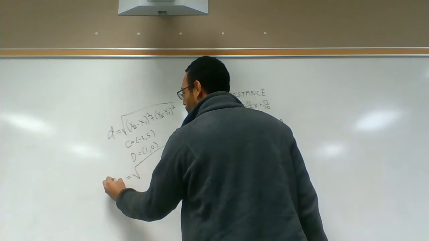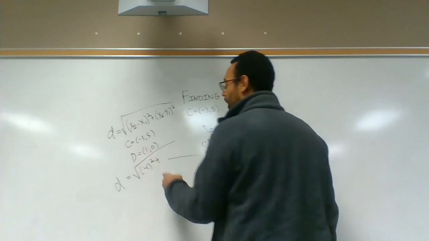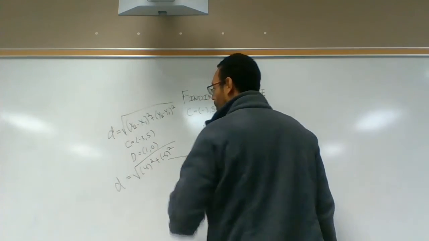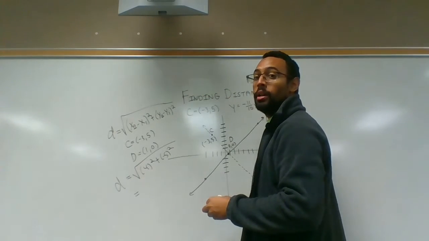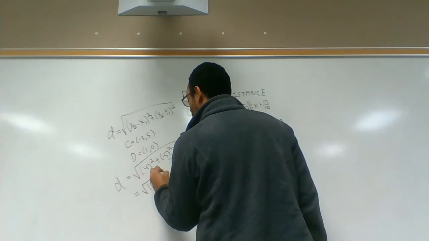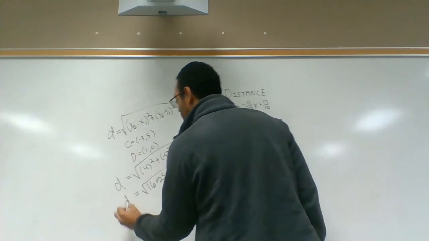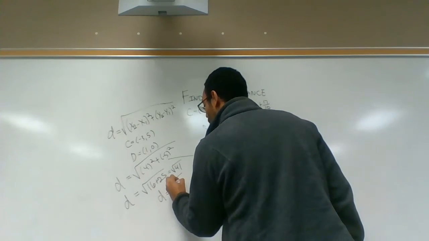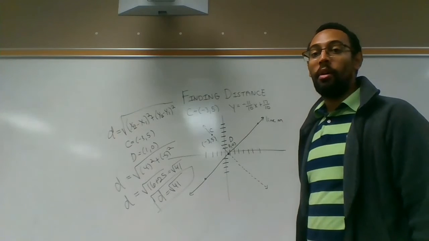So d is the square root of 4 squared, and then 0 minus 5 is -5 squared. 4 squared is 16. 5 squared is 25. So we have the square root of 16 plus 25, which is the square root of 41. So the distance from C to line M is a distance of square root of 41.